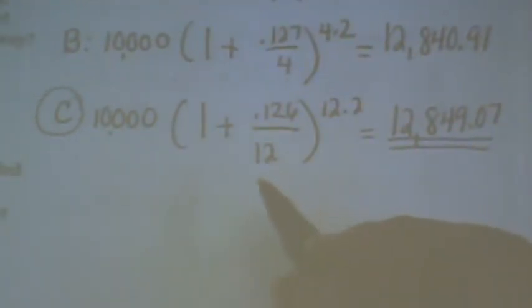So for 23, you're borrowing $1,200 at 14% interest, and you're earning interest monthly. So you've got 1,200 times 1 plus 0.14 over 12, and then 12, we're doing this for 2 years. So how much do we have here?